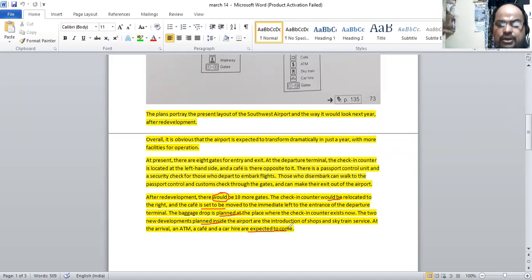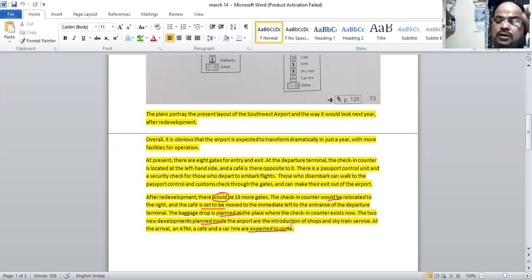So would come, said to become, planned, expected. All these things show a greater probability that it is going to happen in the next year. So we have not used the word will. I have not used that just because it is a higher rate of possibility.